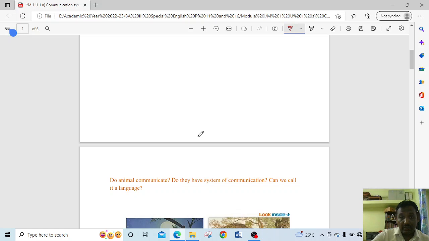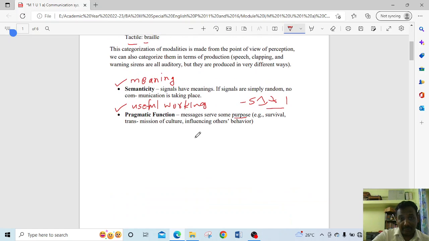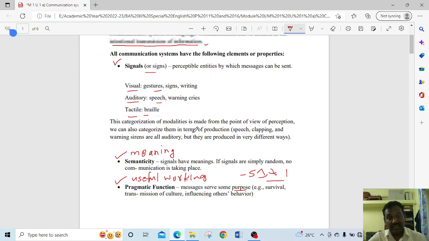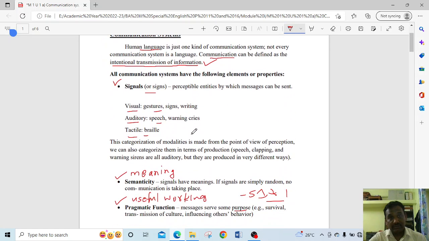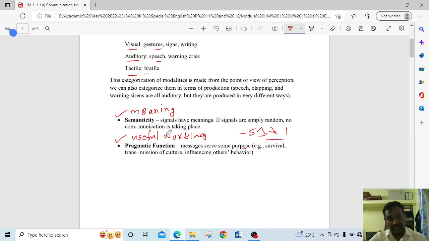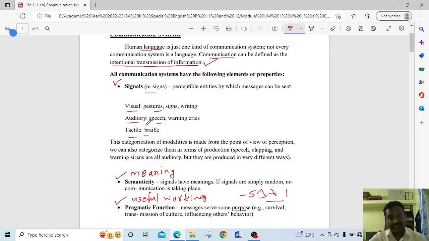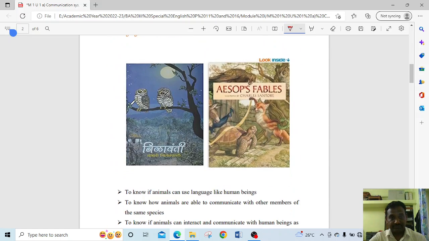Those purposes function in a particular situation. So these are the three common properties of any communication system, maybe language, or say computer language, or any other communication system. All communication systems contain these three properties.